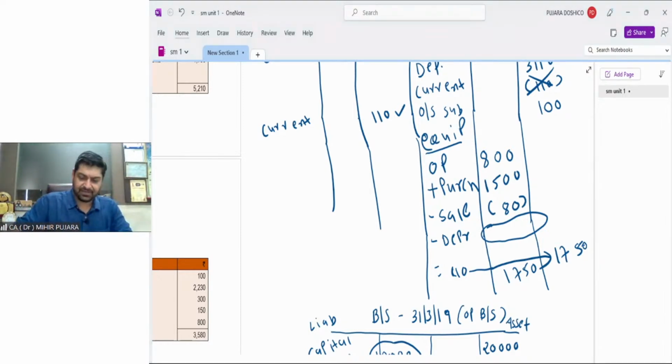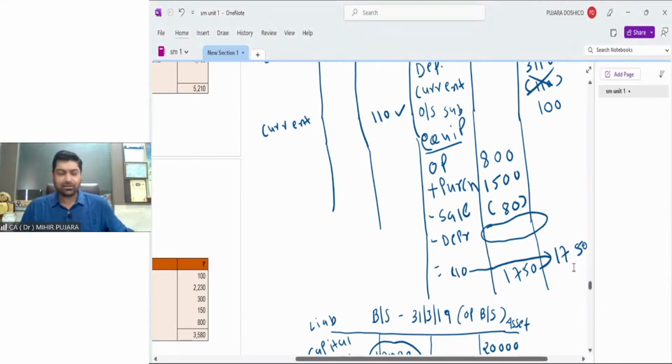Yes, friends. How much depreciation will be the balancing figure? Tell me, guys. The 1750 is the closing balance. Then what will be the balancing figure? Simple. It is 470.